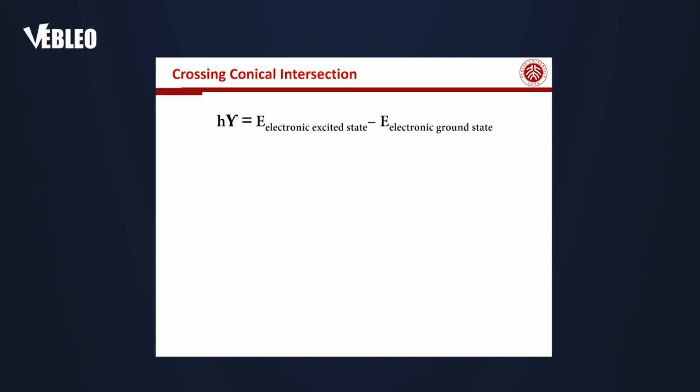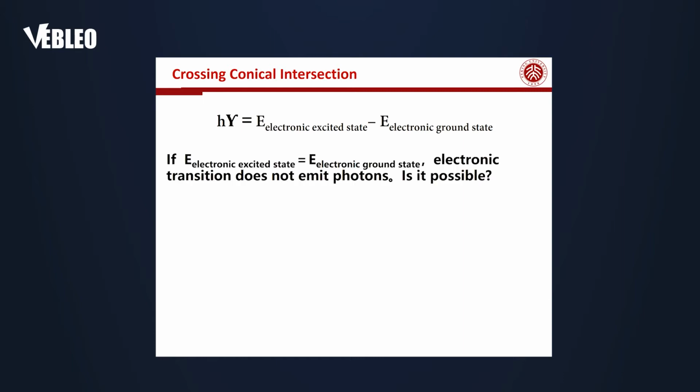Now let's look at this picture. The energy of an emitted photon should be equal to the energy difference between the electronic excited state and the ground state. But if the two states have the same energy, then even if the electronic transition occurs, the transition will not emit photons, is that right?